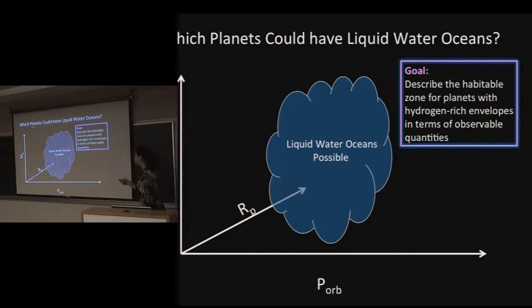Okay, so I want to take this a step further, again, and place constraints on the parameter space in terms of planet mass, radius, and the period where liquid water oceans may be possible.